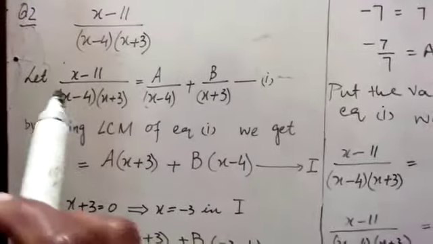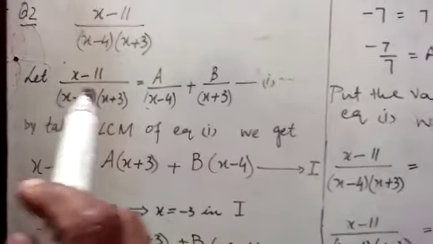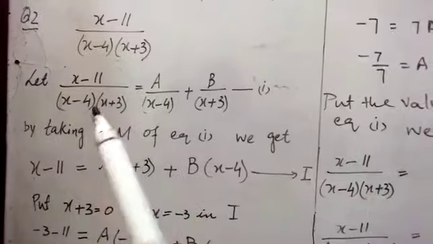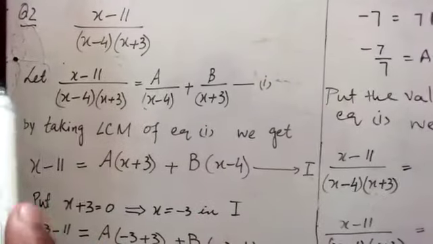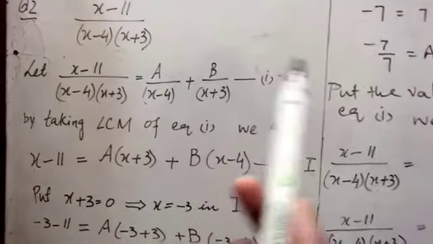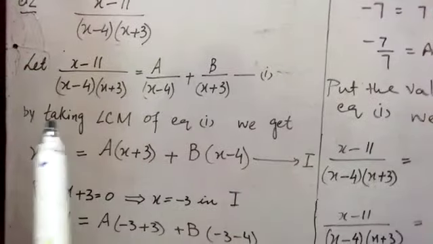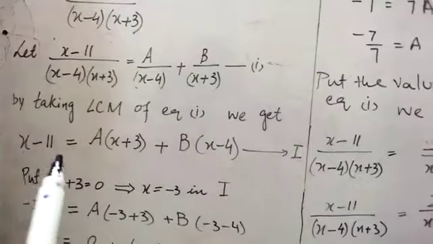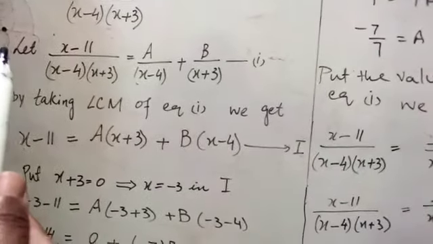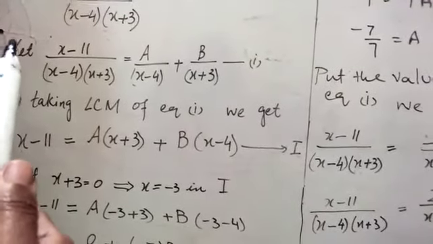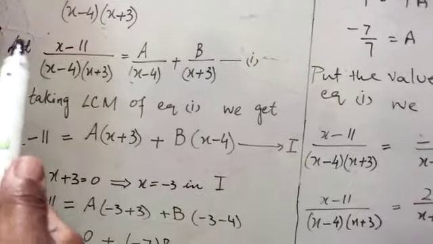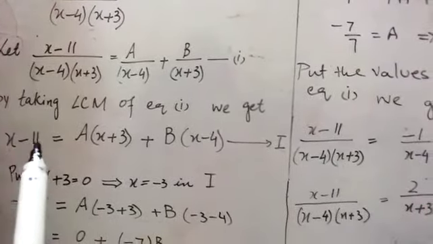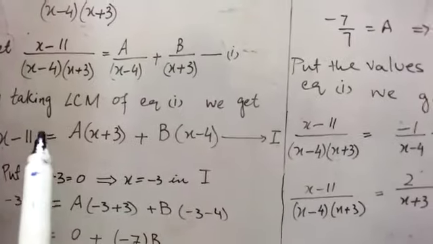Now we will multiply the LCM of this equation, which is (x minus 4) into (x plus 3), and multiply each term by its LCM. So by taking the LCM of equation number 1, we get x minus 11. Here (x minus 4) into (x plus 3) will be multiplied and will cancel, so we get only x minus 11 on the left side.